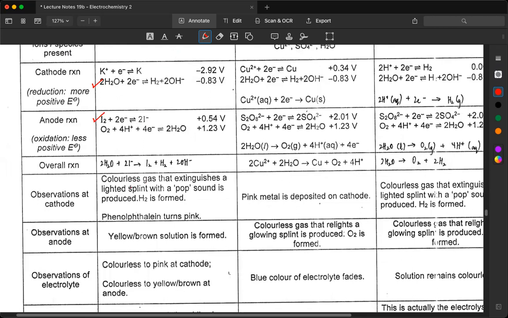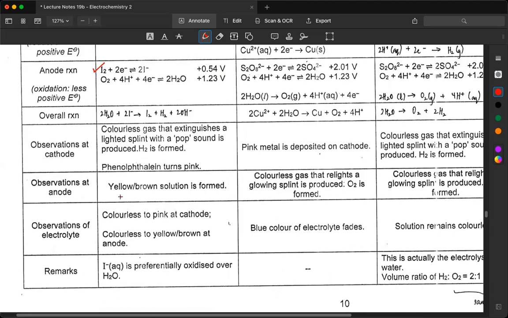So we will expect to see a colorless gas form, because hydrogen is formed that extinguishes the lighted splint. Phenolphthalein will turn pink because of OH-, which is alkaline. And at the anode, we will have iodine forming, and iodine dissolves in water to form a yellow or brown solution.